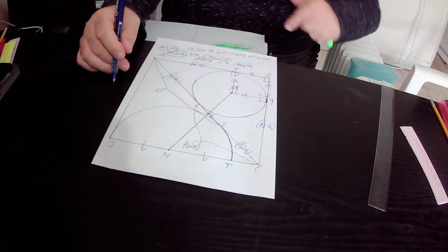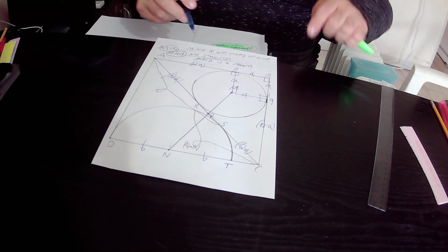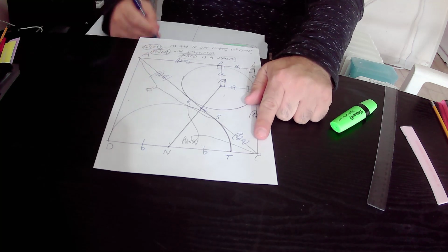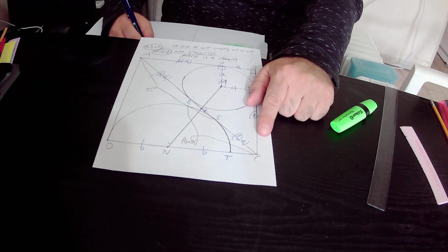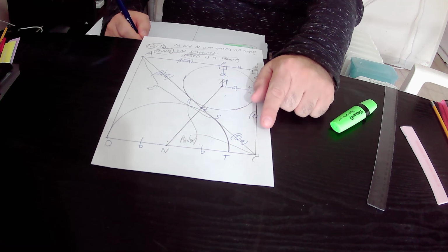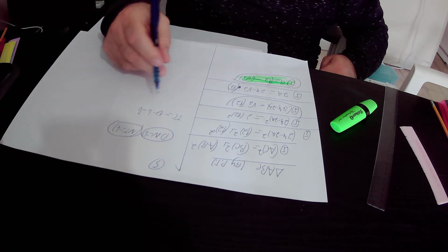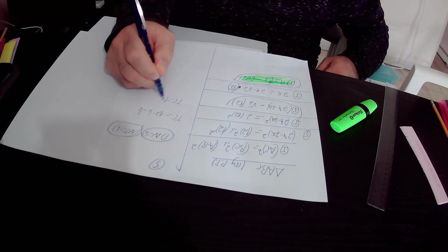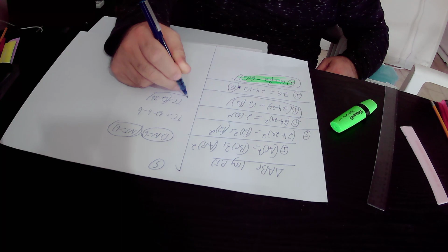It is very easy to see from the drawing that TC will be equal to DC, that is 12 units, minus DN, that is B, minus NT, that is also B. So in conclusion, TC equals 12 minus 2B.